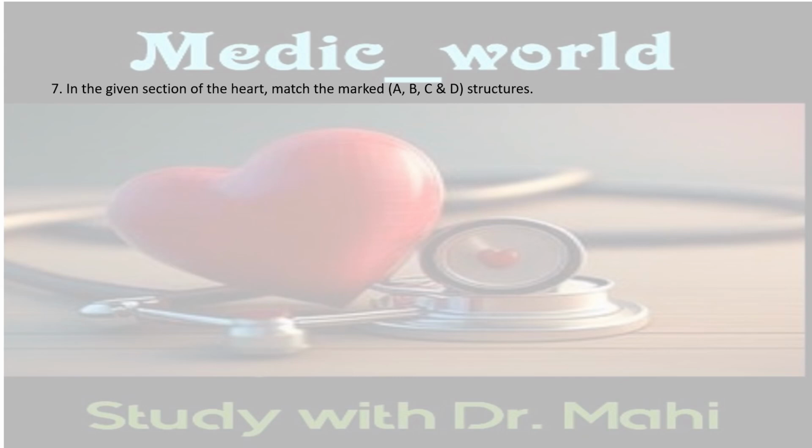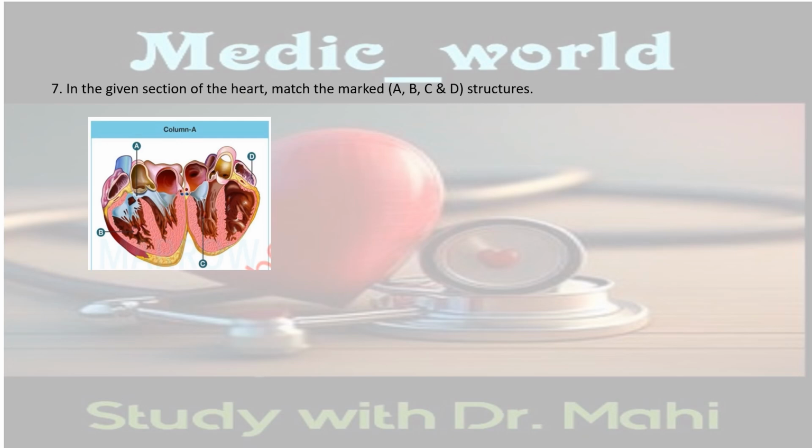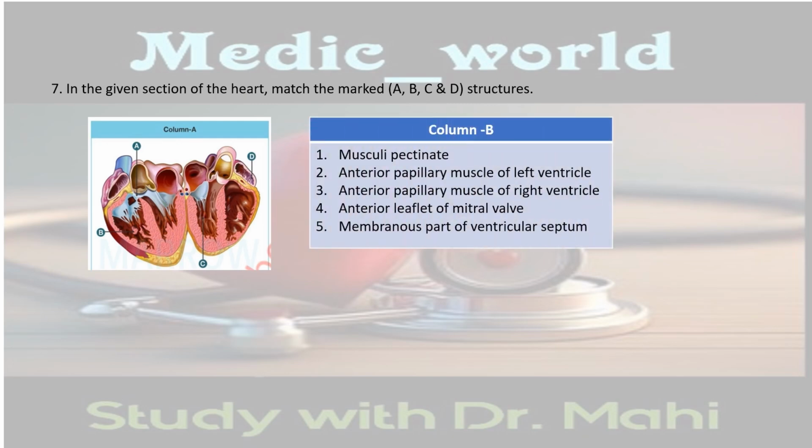Now the next question. In the given section of the heart, match the marked structures A, B, C, and D. Let's see the image. Here, we have to identify the structures which are marked as A, B, C, and D. The structure which is marked as A, first of all, we have to identify left and right.